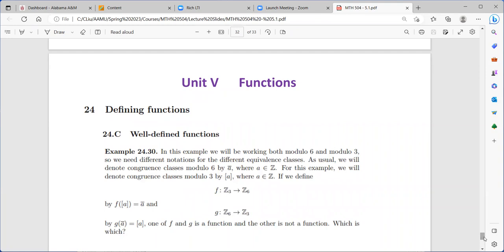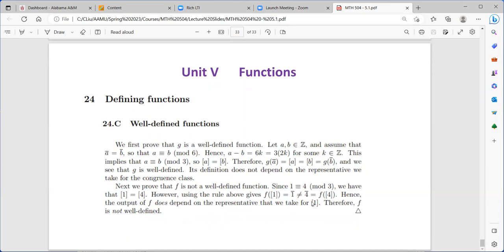So it's not well defined: you have two different elements paired with one element in the first coordinate. Remember, bracket 1 is a congruence class modulo 3, and 1 bar is a congruence class modulo 6.